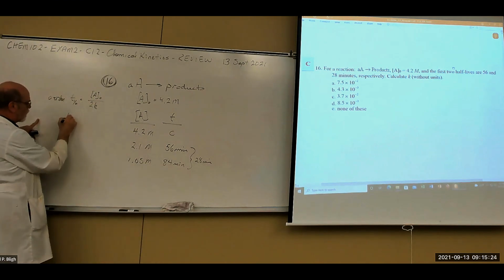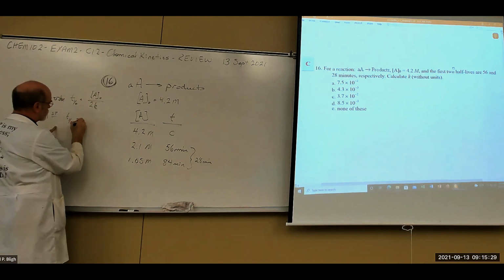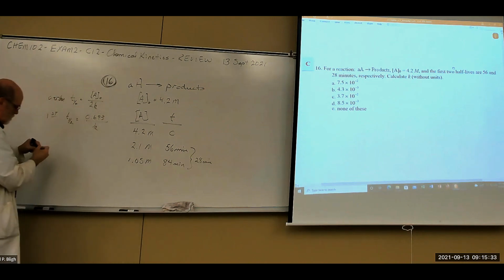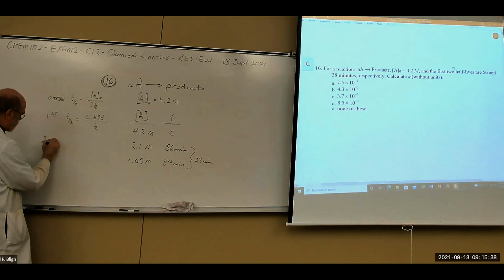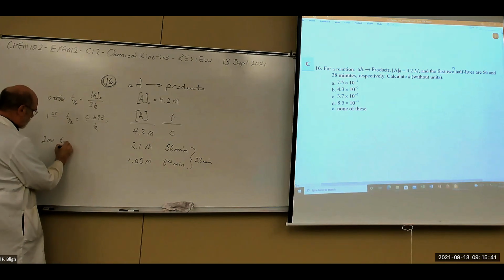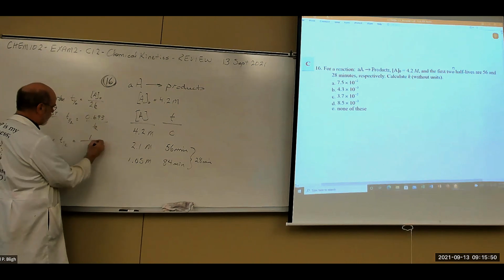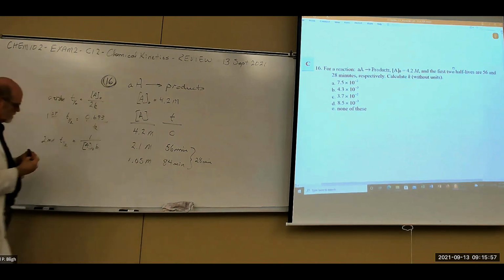The half-life for first order is 0.693 over K. And second order is, let's see, one over A0 times K. Is that correct?